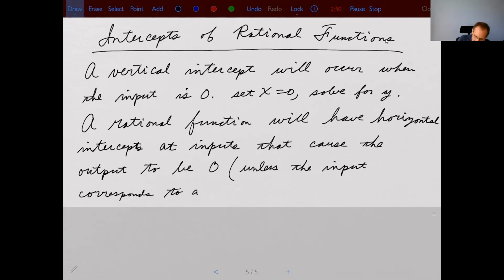Right? Then it wouldn't be a horizontal intercept, it would just be a hole, right?